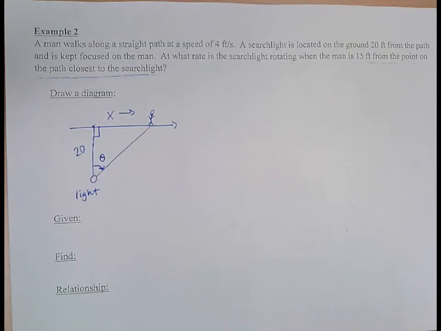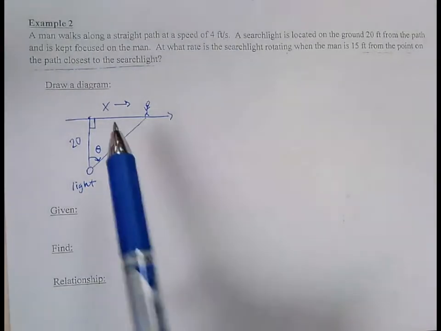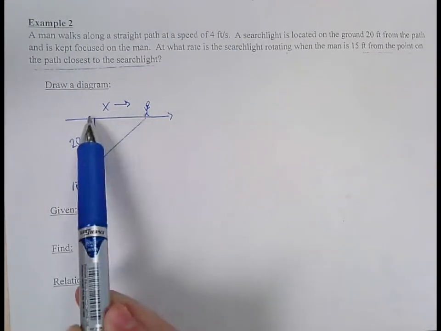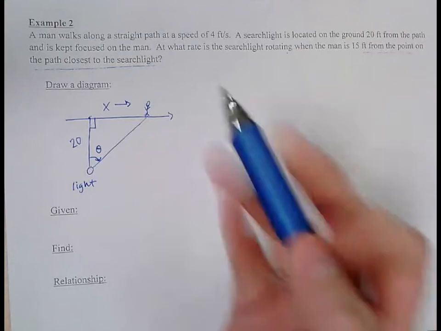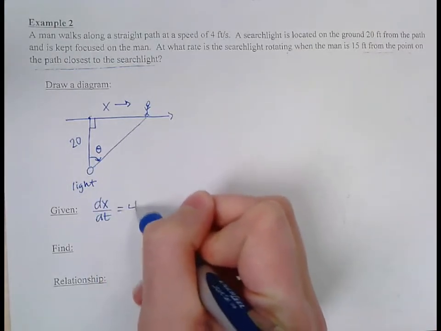Okay, so what we are given: the man walks along a straight path at a speed of 4 feet per second. I have the path he's walking labeled as x, so that means dx/dt is 4.